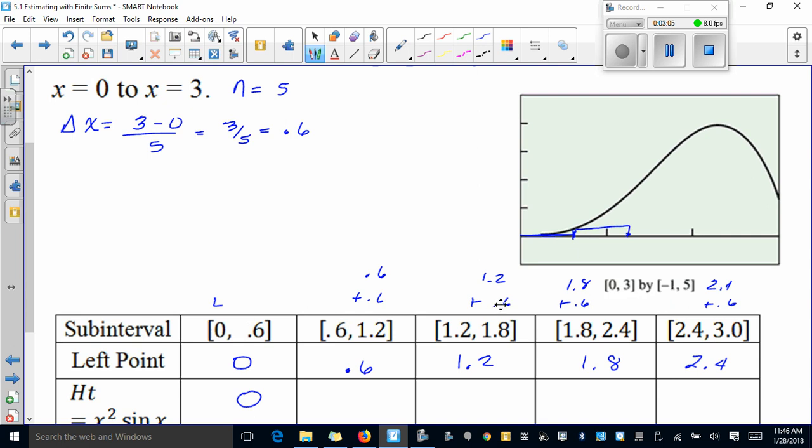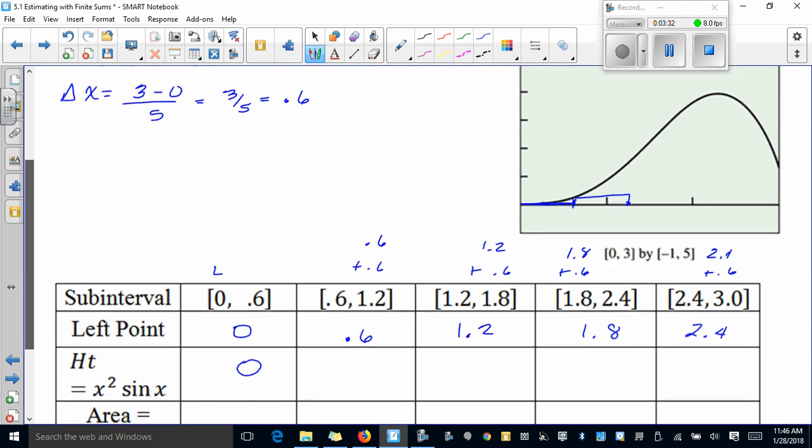Let's see. So on this one, this itty bitty little area here, if I plug in 0.6 into x squared sine of x, I'm going to get 0.203271. And then at 1.2 to 1.8, 1.8 is going to be right about here, but I come up at 1.2 and make my rectangle.